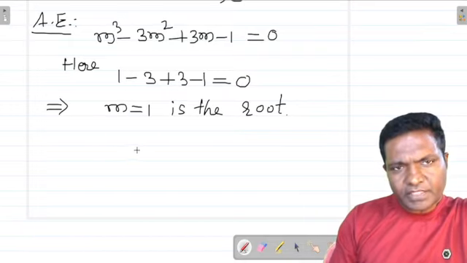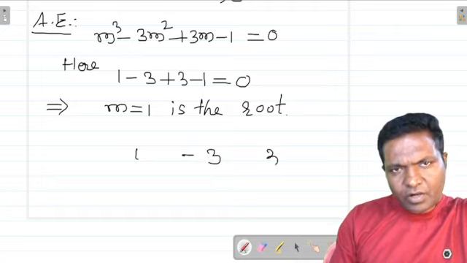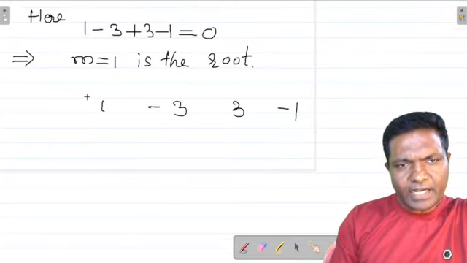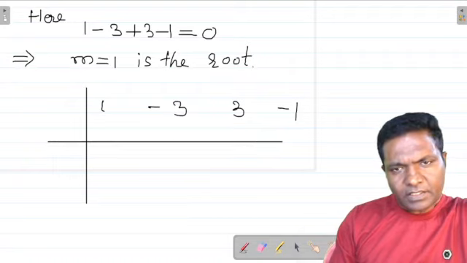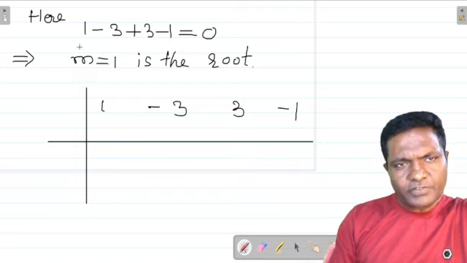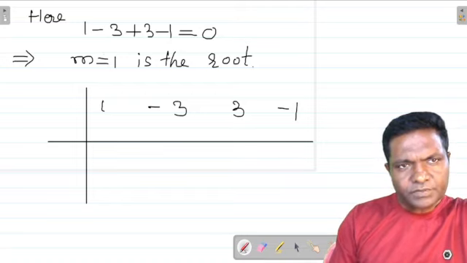So what you need to write is the coefficients, that is 1, minus 3, 3 and 1. Whatever you got, this root is 1, so m equal to 1.